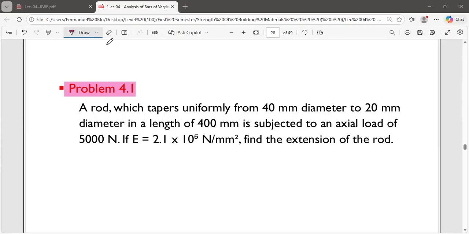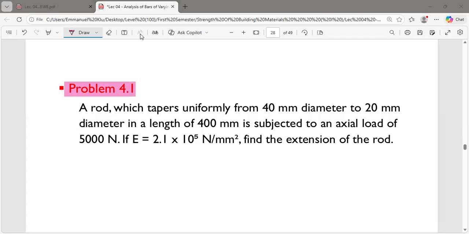So the question says that a rod which tapers uniformly from 40 millimeter diameter to 20 millimeter diameter in a length of 400 mm is subjected to an axial load of 500 Newton.